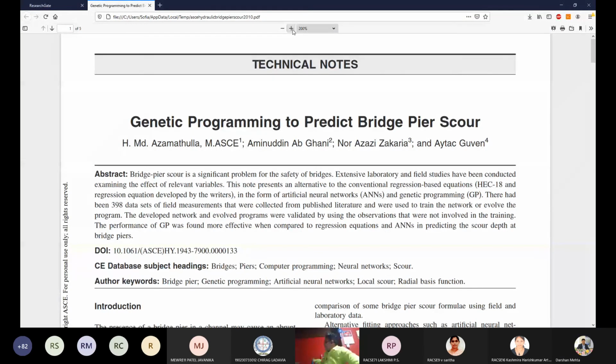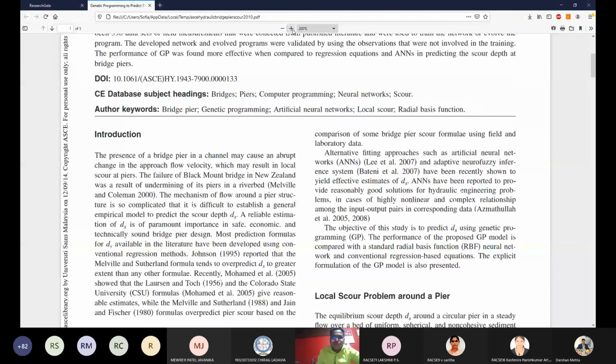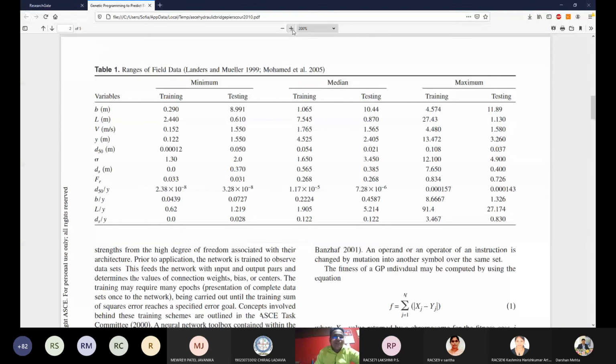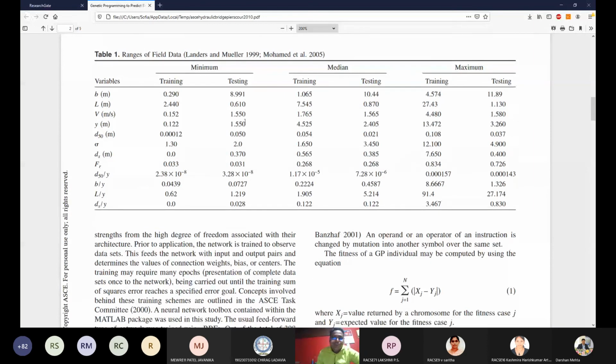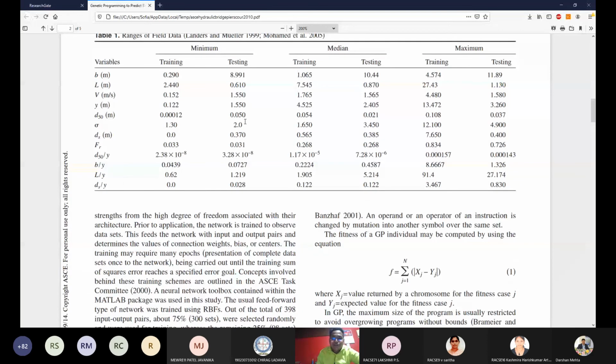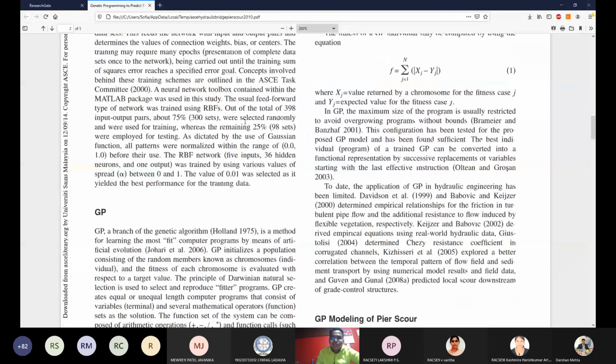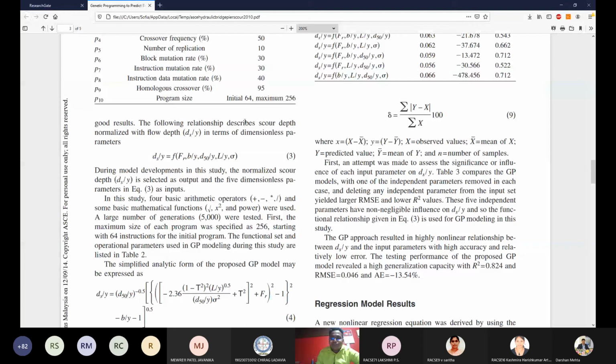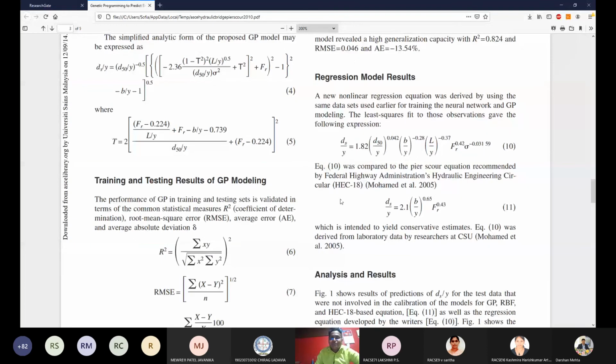Now I will show you. See here, slowly I will go. This paper, you can see what I was showing to you: data range. This kind of model will work only within the range. Please note that one. Another thing I was highlighting: here we compared with HEC-18.